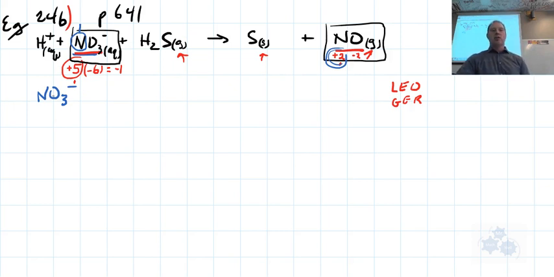So what you want to set up is the reduction half reaction, and that's going to be NO3 minus going to NO.